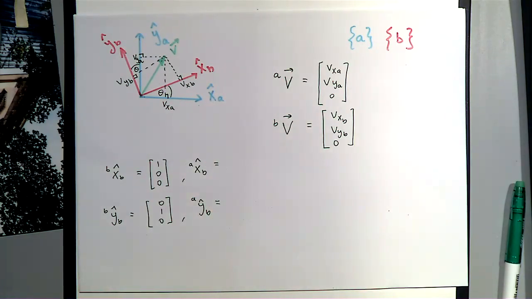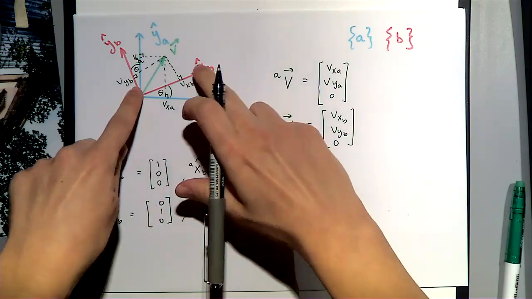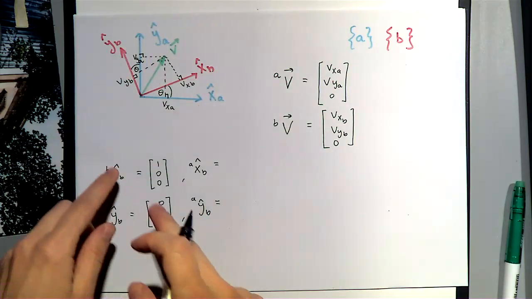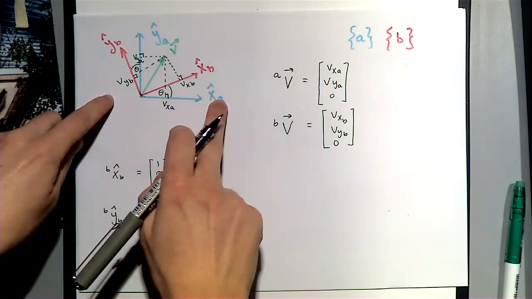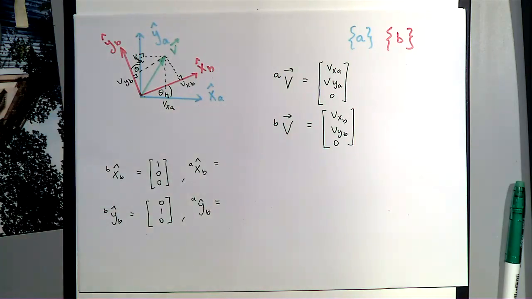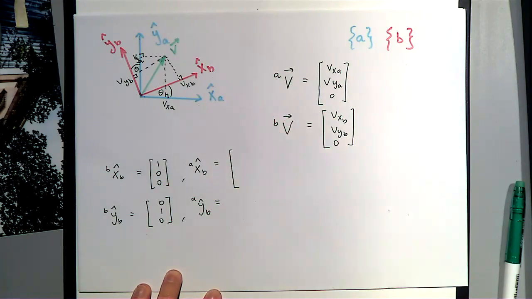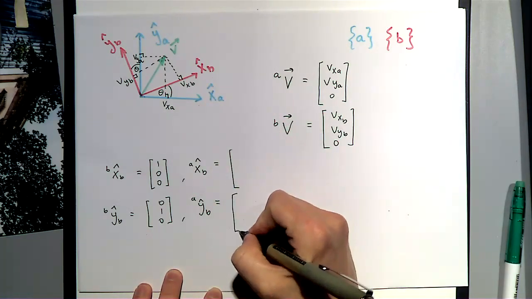Okay, now if I want to represent XB and YB in frame A, I would need to project, say, XB onto the axis of frame A and project YB onto the axis of frame A, right? So let's think about the projections.